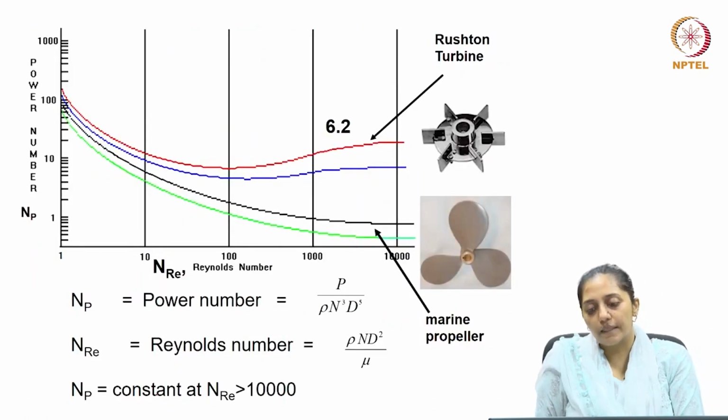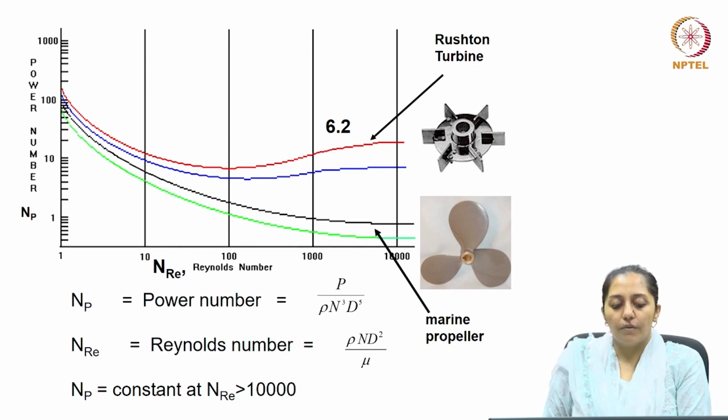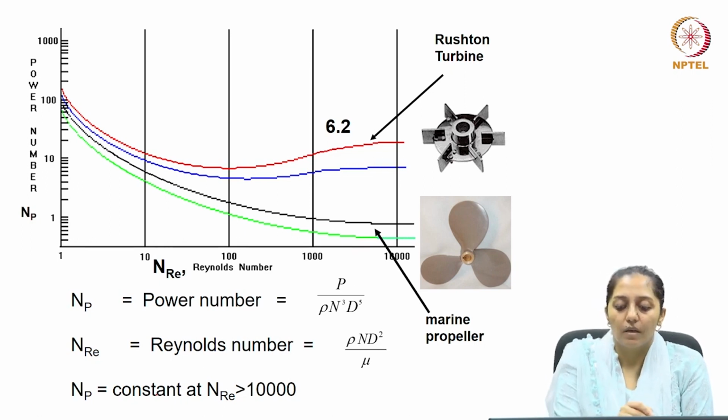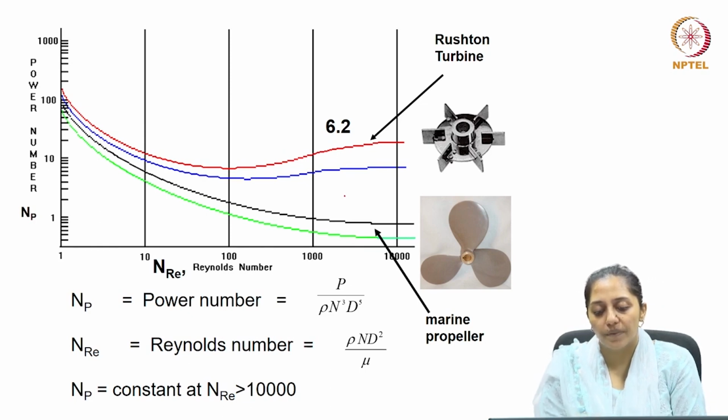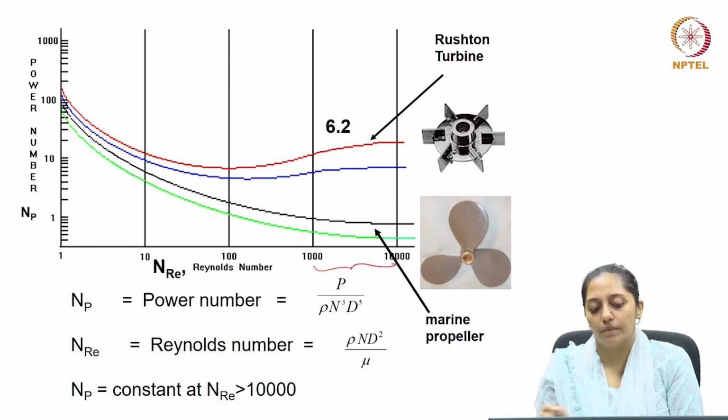So, for different kinds of impellers, if a correlation is drawn of how the power number changes with the change in the Reynolds number, as shown here in a plot, you can observe the different profiles. In most of these cases, in the turbulent region where the Reynolds number is beyond 1000 or 10,000, the power number is found to become constant.